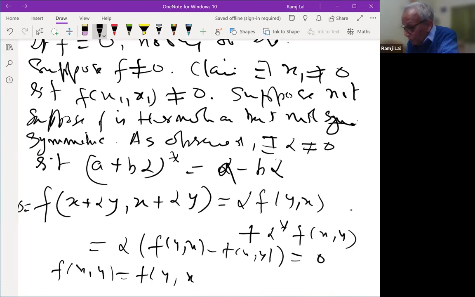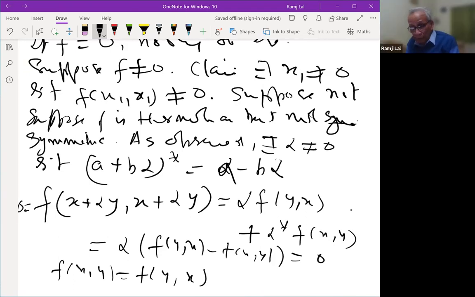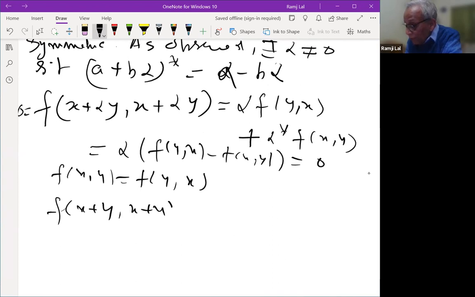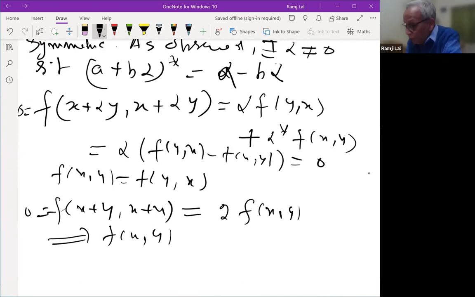So what we have done here is reduce it to the symmetric case. F becomes symmetric, though it is a sesquilinear form. So F x y is equal to F y x, and if that is the case, then again you apply this: F of x plus y, x plus y equals 0, and it is symmetric, so this is 2 F x y, and therefore F x y is 0, and so F will be 0.